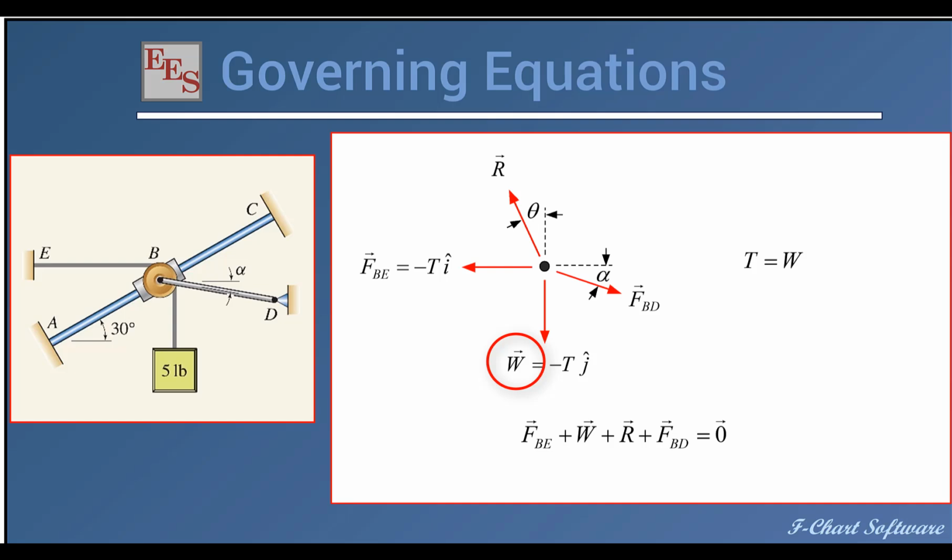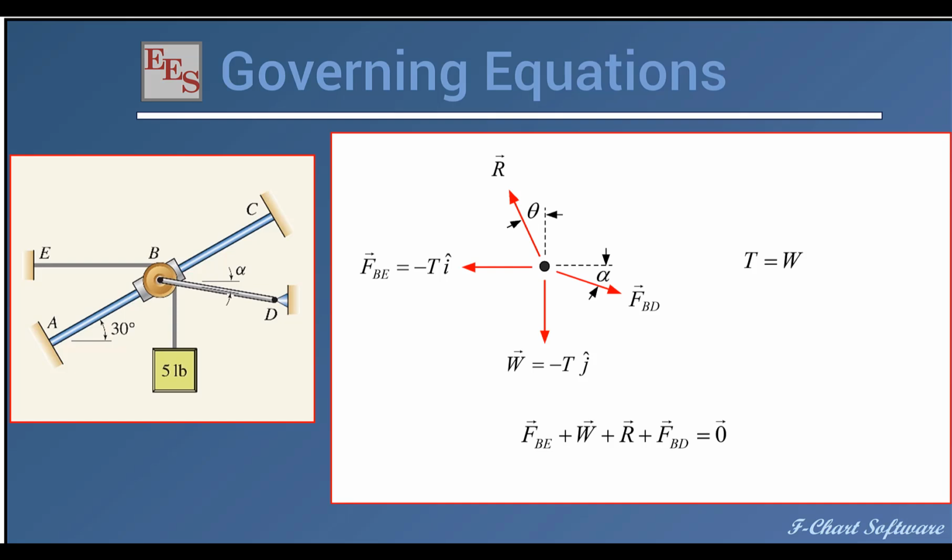And then there's FBD and R, which are the vectors corresponding to the forces on that bar, and the reaction force between the collar and the bar. And the vector sum of these four forces has to equal 0. And here 0 means the zero vector, right? So that's the equilibrium force written in vector form.